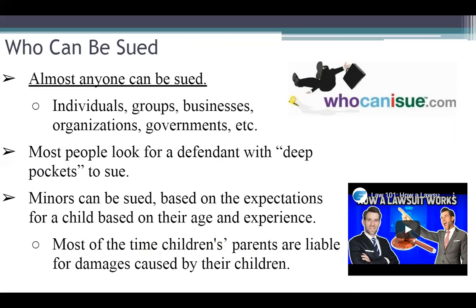However, a teenager that commits a crime can be held with a certain amount of responsibility because of their age and their experience in life, right? So they know better at that point, right? We call this the know better rule, right? At that age, should you know better than to do this? Most of the time when children are sued, most of the time it's the children's parents who are found liable for the damages caused by their children.